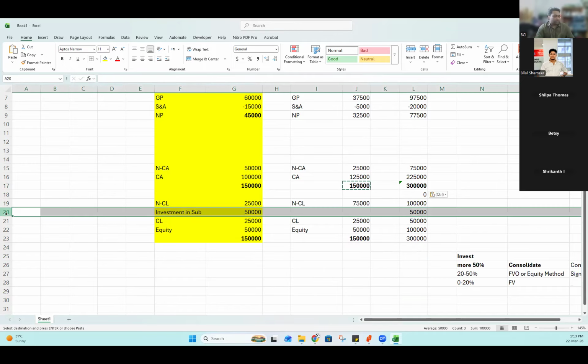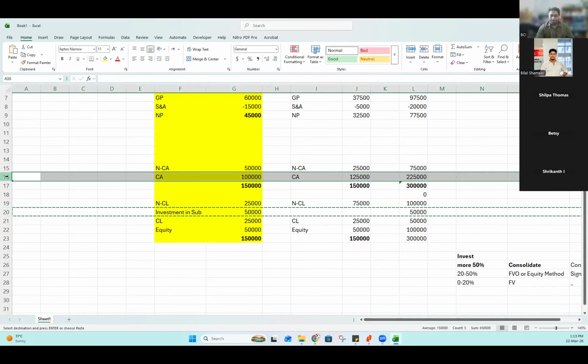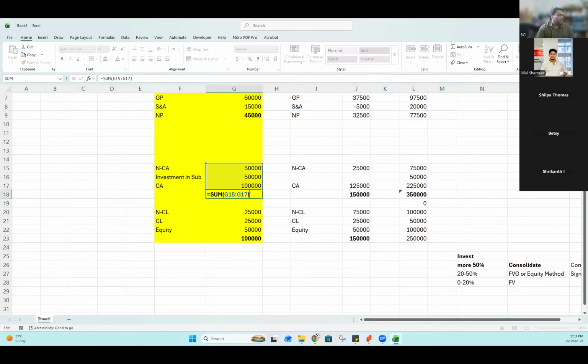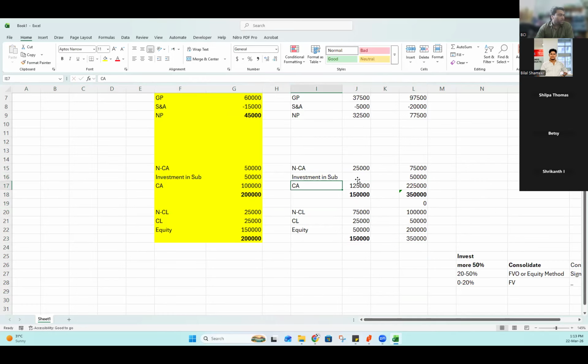Sorry, I put investments there. Now what happens? Here, what happened? Equity became how much? 200, right? But actually, this 50,000 is part of that other company.